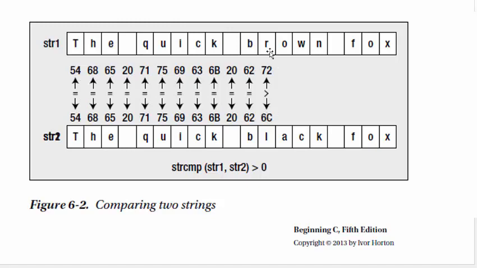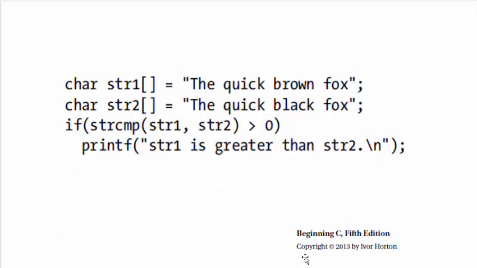There's an R in one string and an L in the other string. Well, an R in ASCII translates to 72 in hex, and an L translates to 6C in hex. 72 is greater than 6C, so therefore string 1 is greater than string 2. And when I execute this command, my program will return a 1 to me.